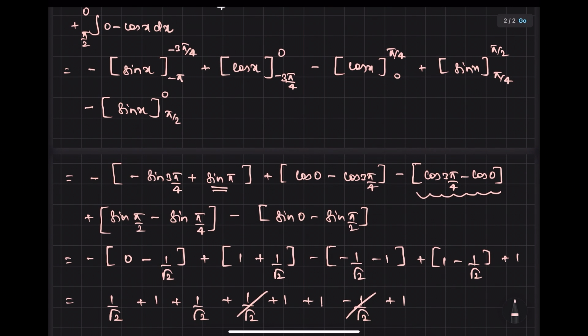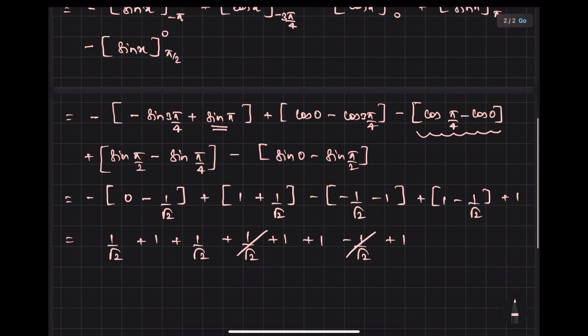Oh, by mistake it is not 3 pi by 4, it is pi by 4. Okay, so it is pi by 4. So in the third bracket, it is positive 1. Okay, so it will become like negative. Okay, so this thing will neutralize this, and this will neutralize this, so we are left with 4.